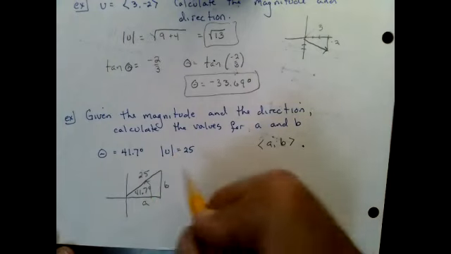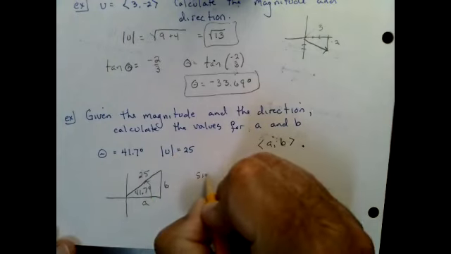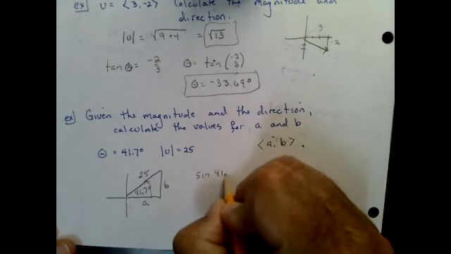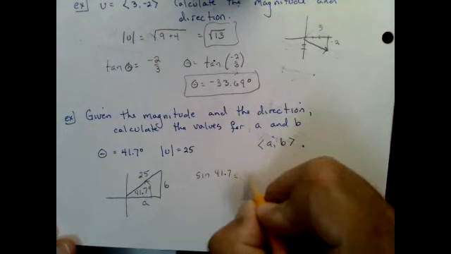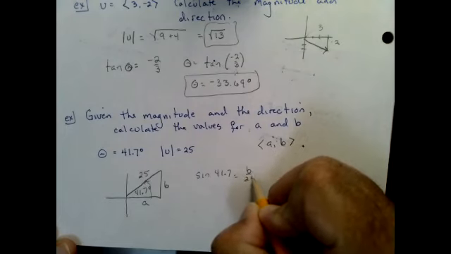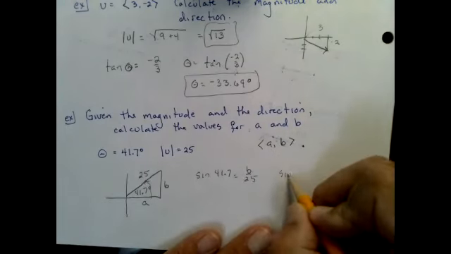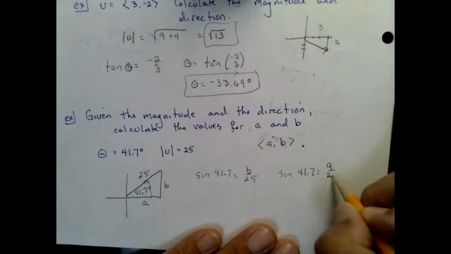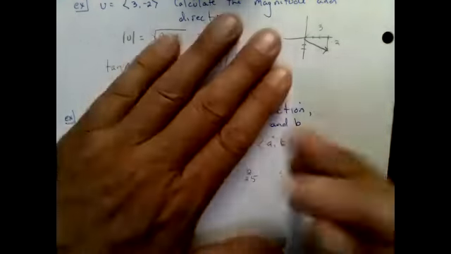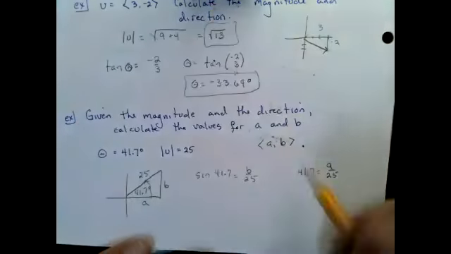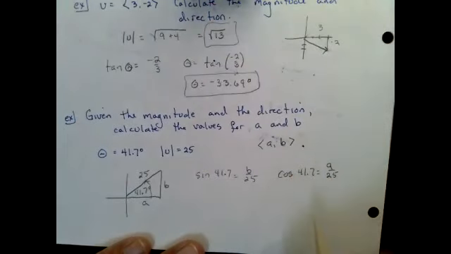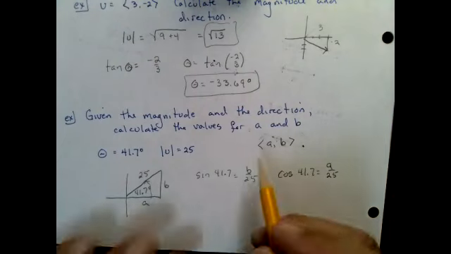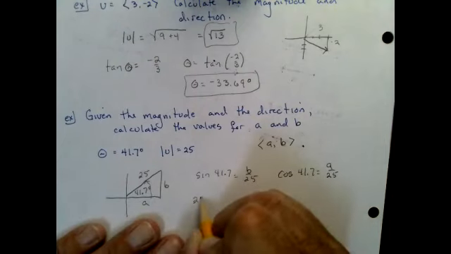This is going to be sine of 41.7 equals B over 25. And the cosine of 41.7 equals A over 25. I had that backwards. That should be cosine, excuse me. Swing that 25 around.